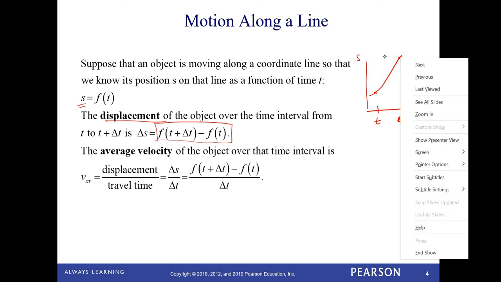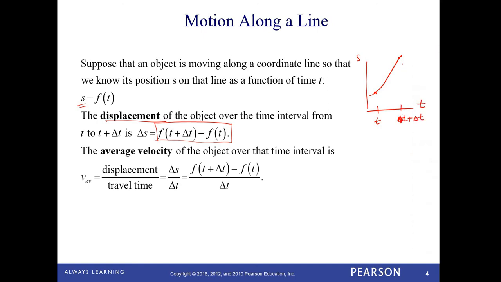So if we had traveled 6 miles at t plus delta t and 2 miles here, 6 minus 2, we have gone 4 miles. Pretty straightforward. Velocity of the object over that same time interval now is our displacement over travel time. Velocity over the time interval, that's an average velocity. Now we've put in our difference quotient here. Of course, if we add the limit to that, now we're talking about a derivative.